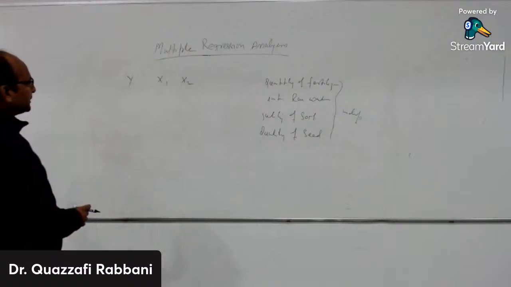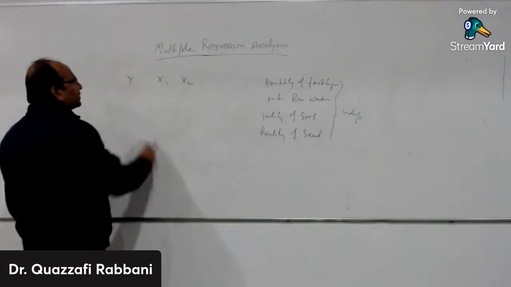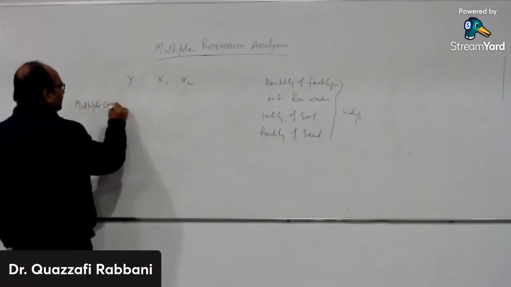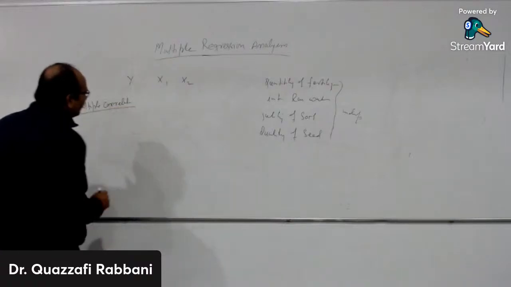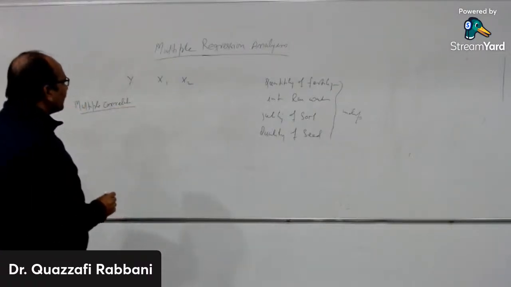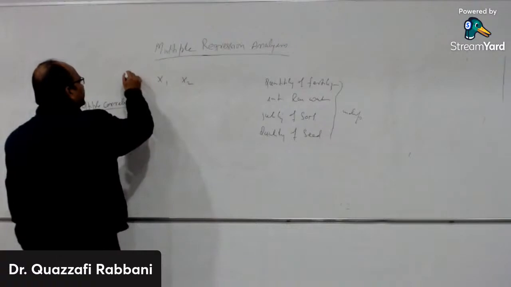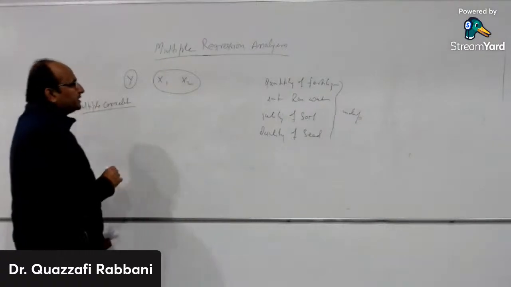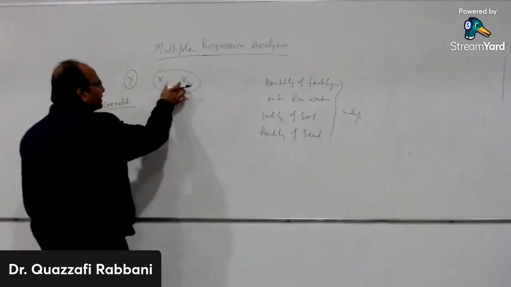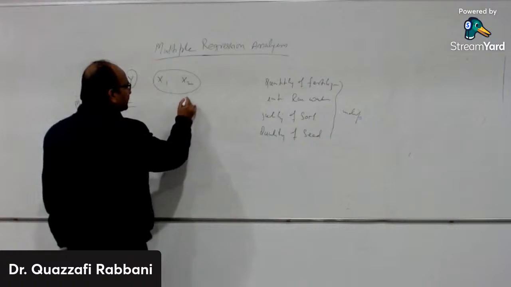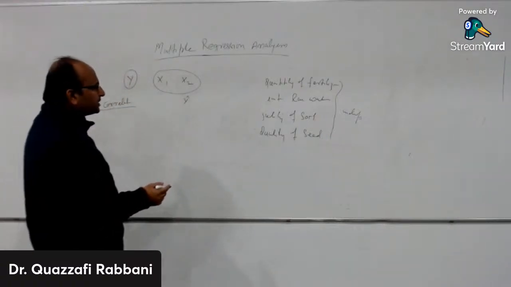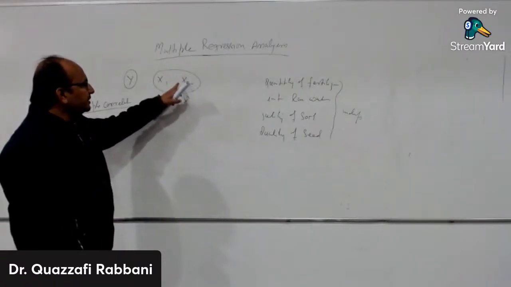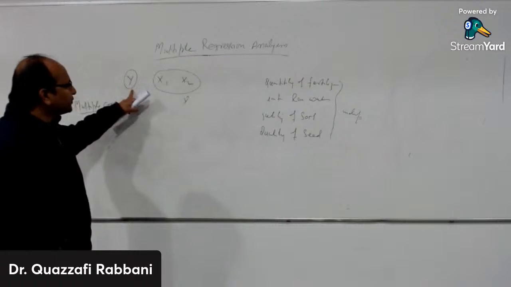So the multiple correlation, first we define the multiple correlation. Multiple correlation is obtained by the dependent variable and the linear combination of these two independent variables. If you make the linear combination of these, this is suppose y estimated, because the y estimated will be the equation between x and y. So there is the estimated value of y and this is the actual value of y.